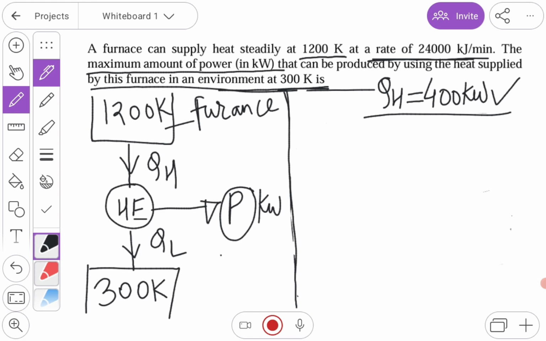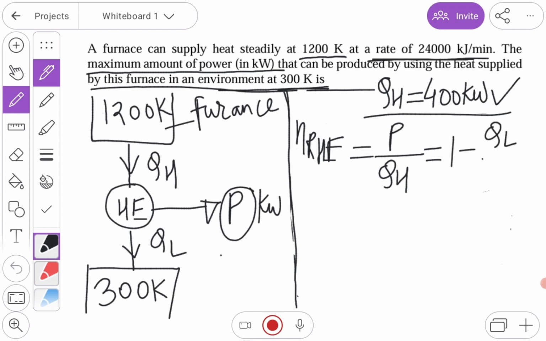So I can write for the reversible heat engine, efficiency of reversible heat engine equal to power output divided by the heat input, which is QH, which is also equal to 1 minus QL by QH.